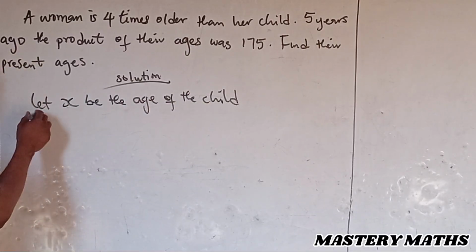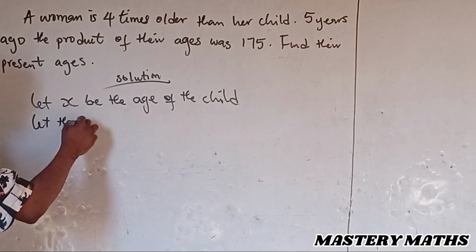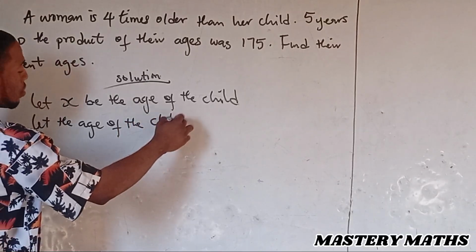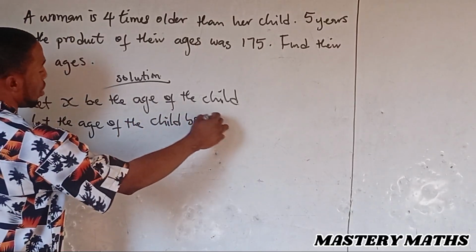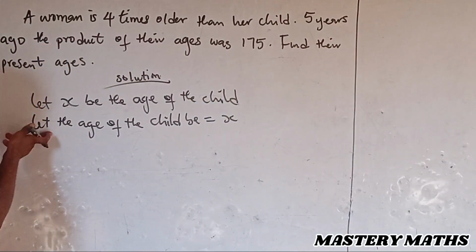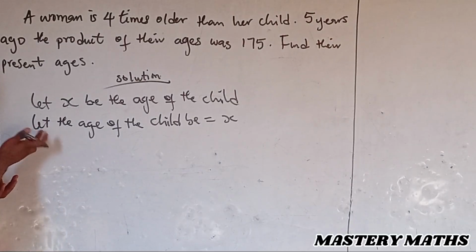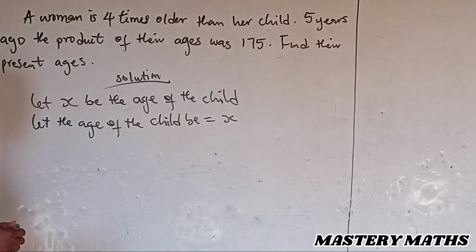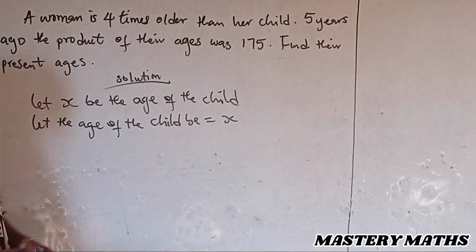Or you can say, let the age of the child be X. You can use whichever you prefer. Let the age of the child be X, because the age of the child is not given to us.